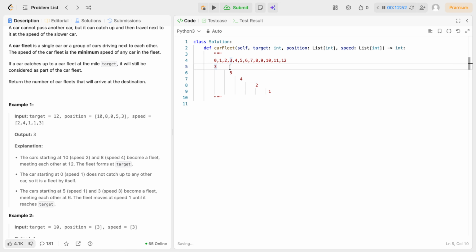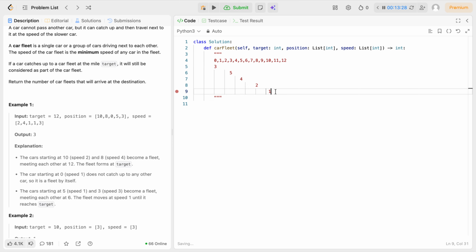All right. So car 3 can move at speed 2. On the next iteration, it would be here, right? For car 5, hold on, sorry.